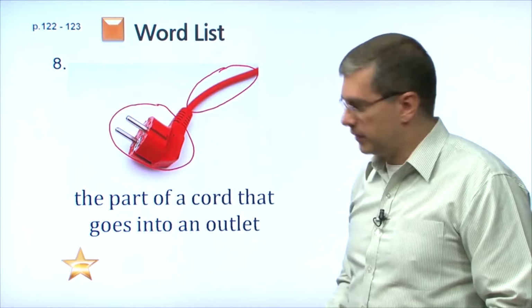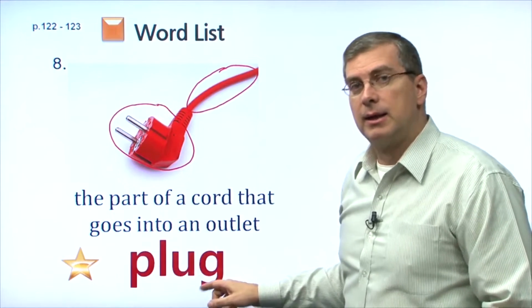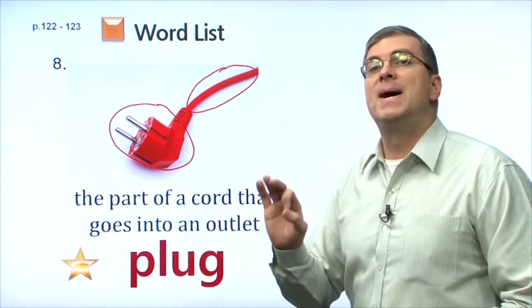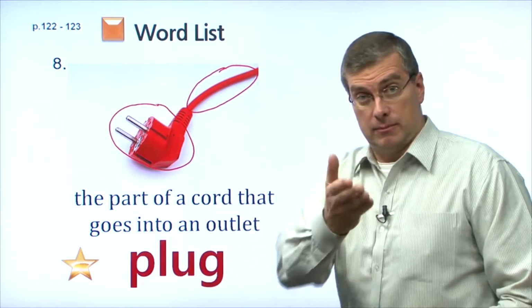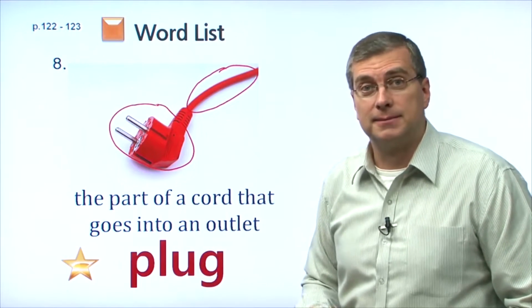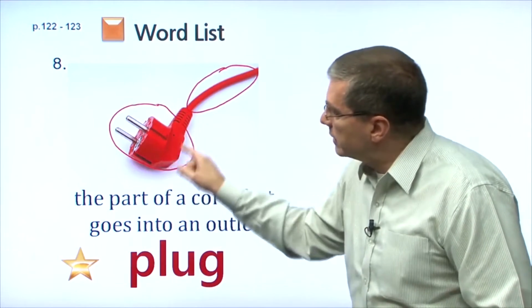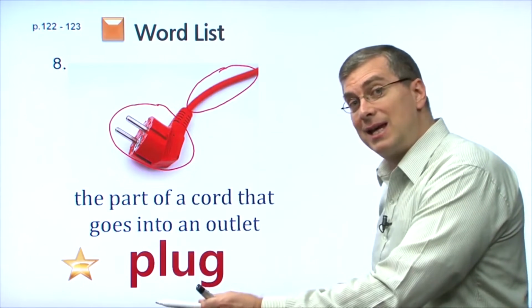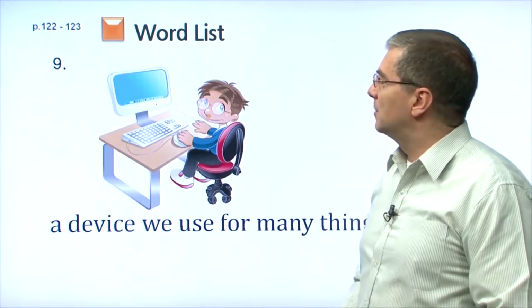We call this part a plug. Plug. Let's practice that. We have a blend, P and L. Plug. You guys, plug. Very good. So we use this plug, we put it into the outlet, and then we can get our electricity. Okay, great. Let's move on here.